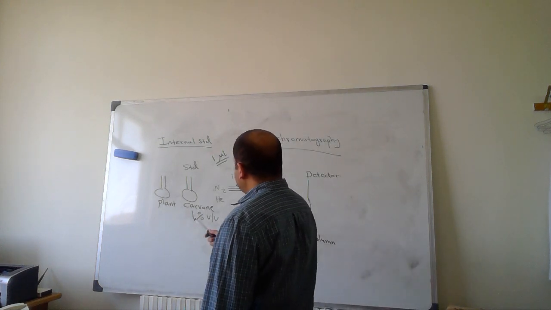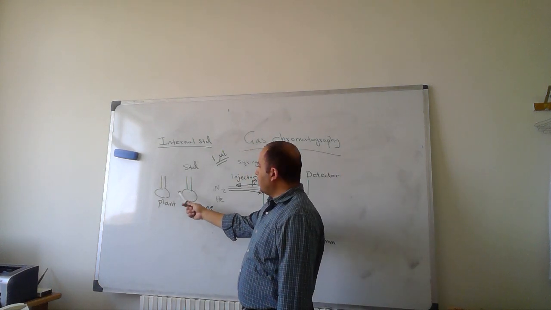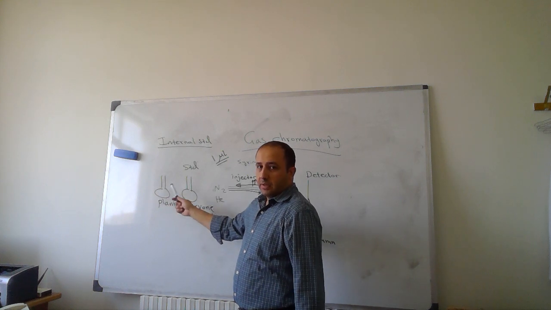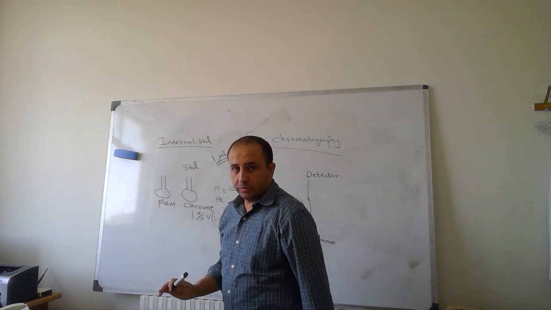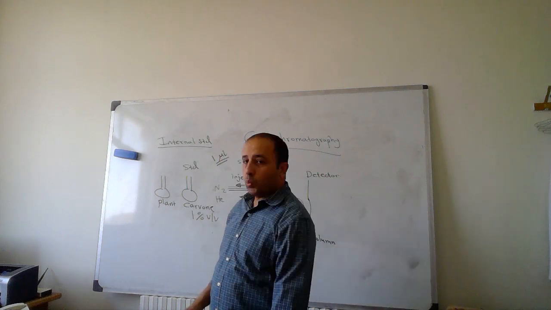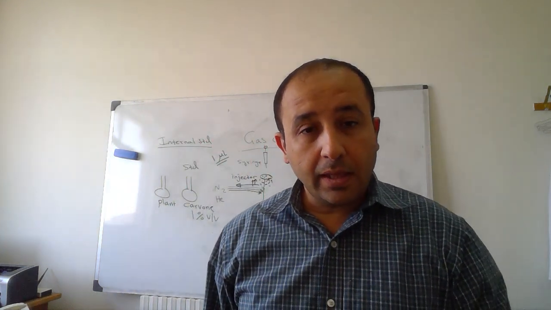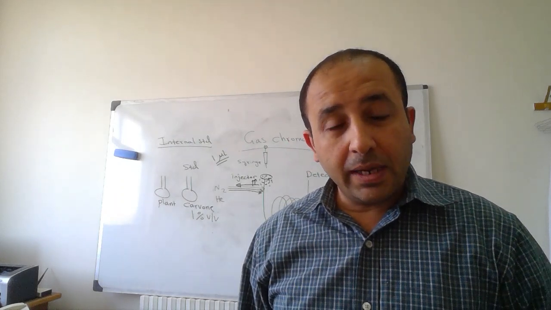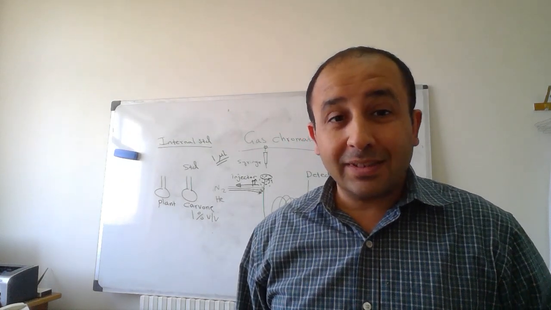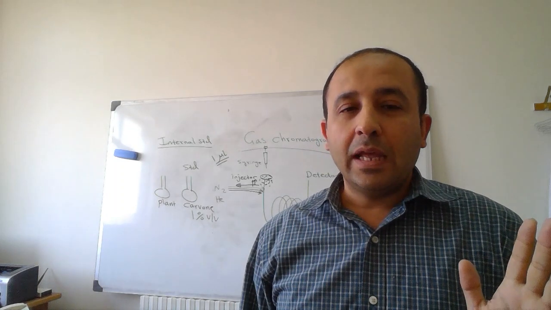So we inject the carvone or the plant extract firstly, as you wish. Once we put 1 microliter, in order to quantify the quantity of carvone in the plant extract, I inject 1 microliter, but it is not necessarily exactly 1 microliter.